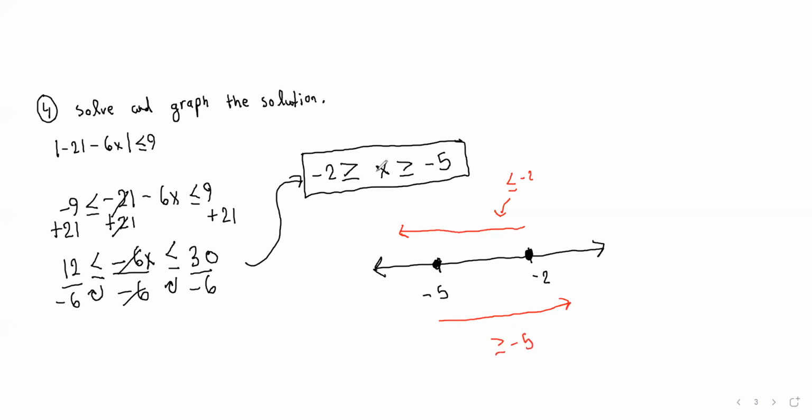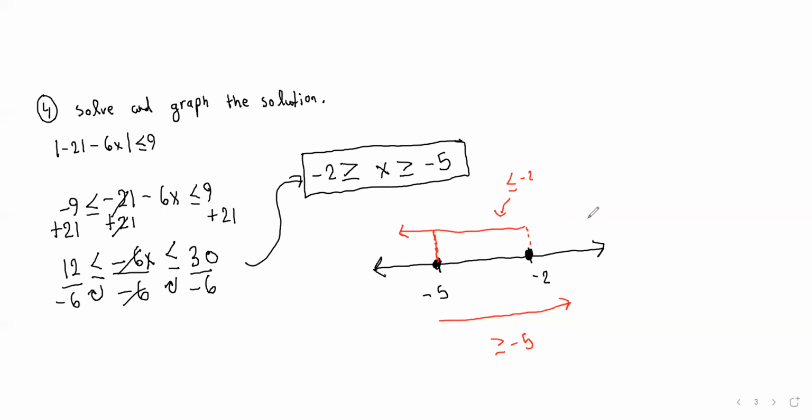What this statement means, it's an and statement when you have something like this. What an and statement means is you can only take the portion that both have in common. So what do both of these red lines I drew have in common? You notice that if it's to the left of minus 5, the bottom portion doesn't have that. If it's to the right of minus 2, then the top portion doesn't cross that.